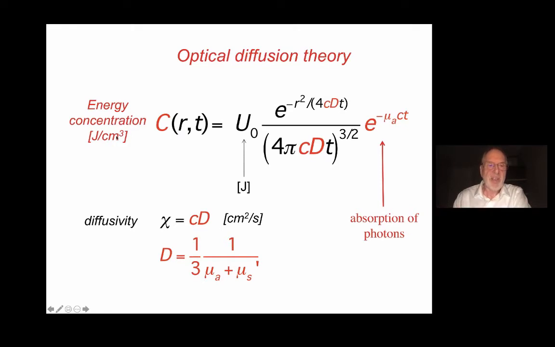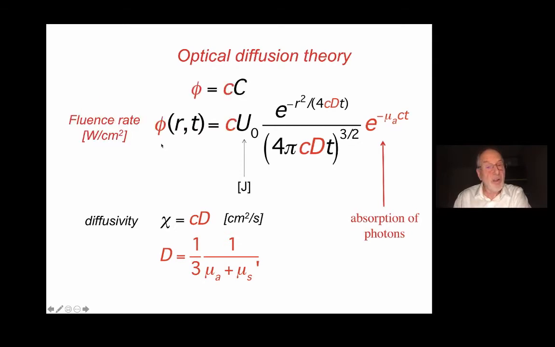Now this is energy concentration, joules per centimeter cubed, but we know that we can multiply by the speed of light and get the fluence rate, watts per centimeter squared. So now we have the full expression for time-resolved light transport by diffusion in a tissue.